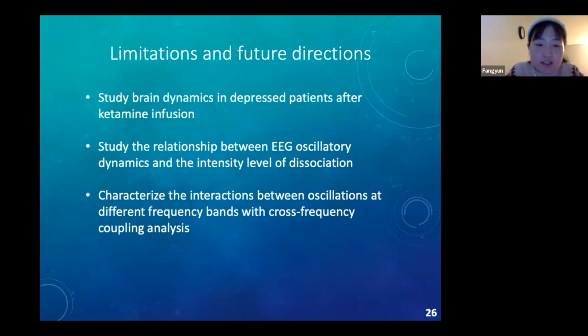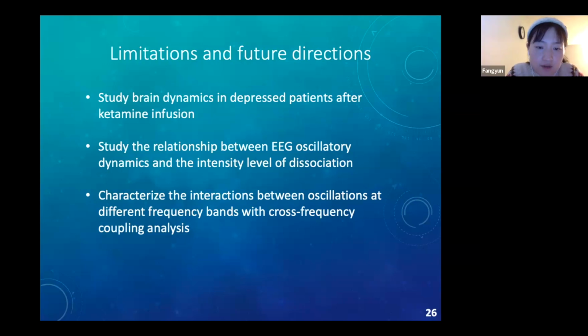The limitation of this study is that we did not directly measure clinical depression or antidepressant effects. Future studies in depressed patients are needed. In this study, we focused primarily on the role of NMDA and HCN1 receptors. The role of other receptors that have been suggested to play a role in ketamine's antidepressant effects could also be investigated in the future.